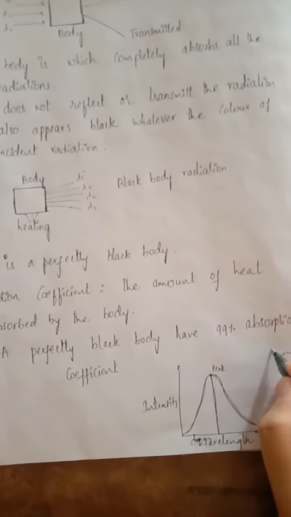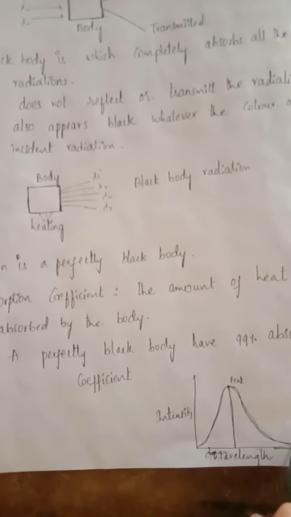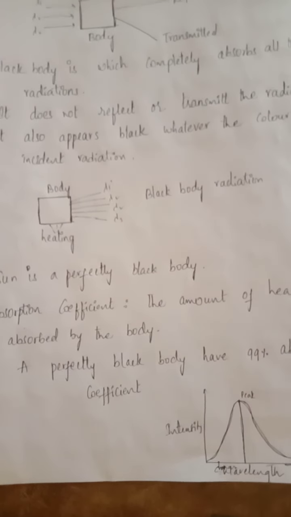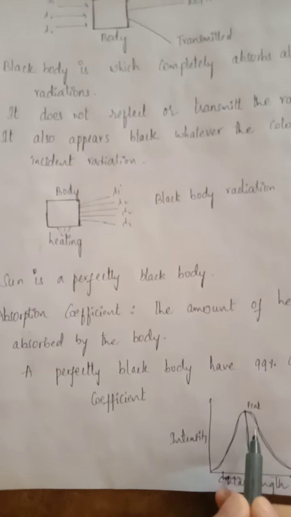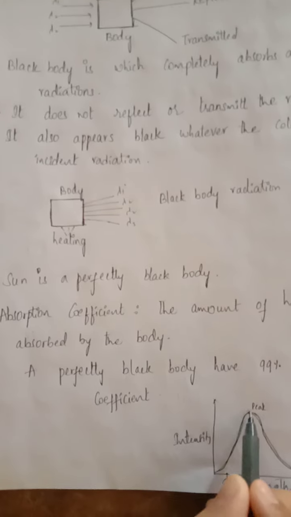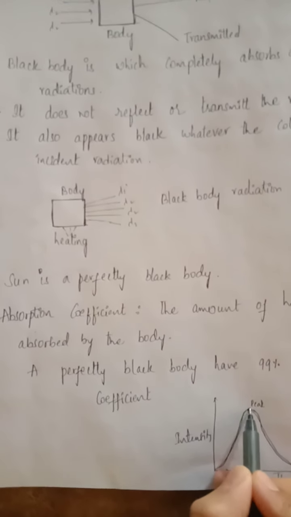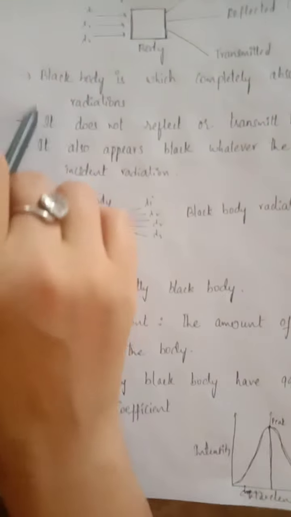Every radiation has some wavelength, and radiations of all different wavelengths are emitted, but most have little intensity, while for some wavelengths they have a high value, that is the peak value. This is all about black body radiation and the black body.